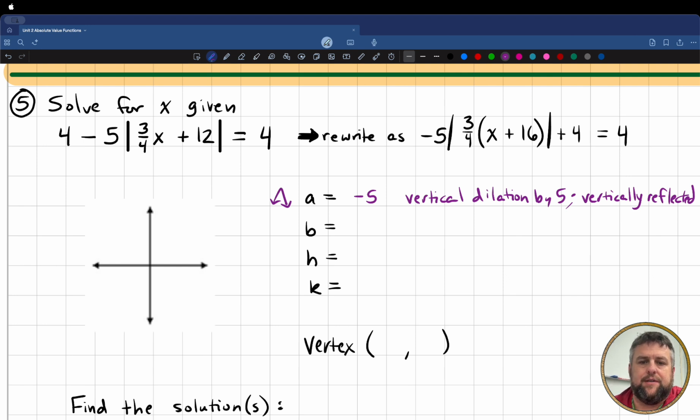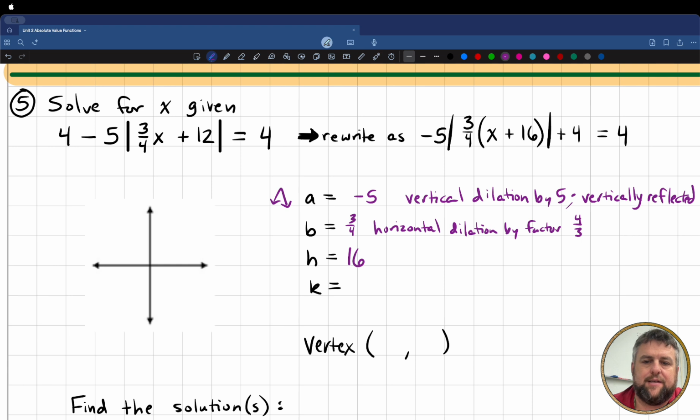The b value is 3/4. And all that's telling us is we have a horizontal dilation by factor 4/3. So we are actually stretching it outwards. We're just taking the reciprocal of that. The h value changed to 16, and I have a little short snippet on where that 16 came from.